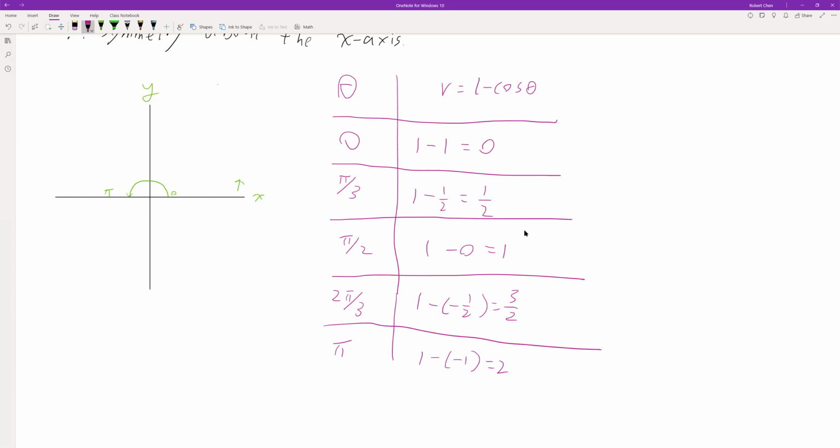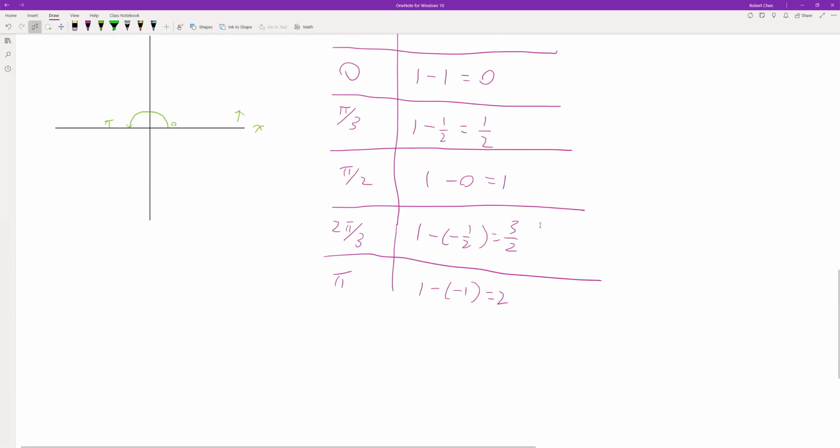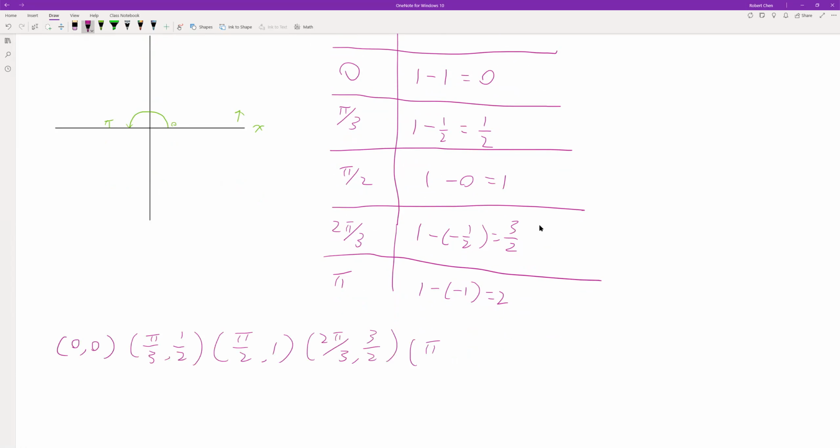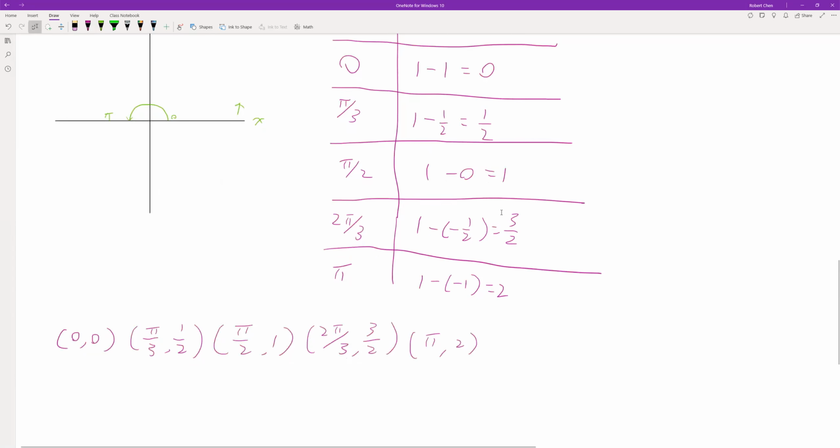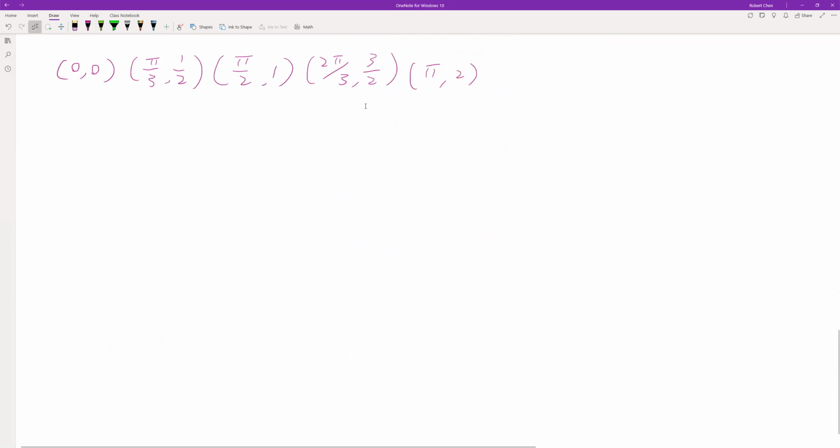Let's see how we can graph this. I'm going to write down the ordered pairs right down here, so it's a little easier to graph: 0, 0; pi over 3, 1 half; pi over 2, 1; 2 pi over 3, 3 halves; and pi, 2. Let's try to plot these 5 points in polar coordinates.